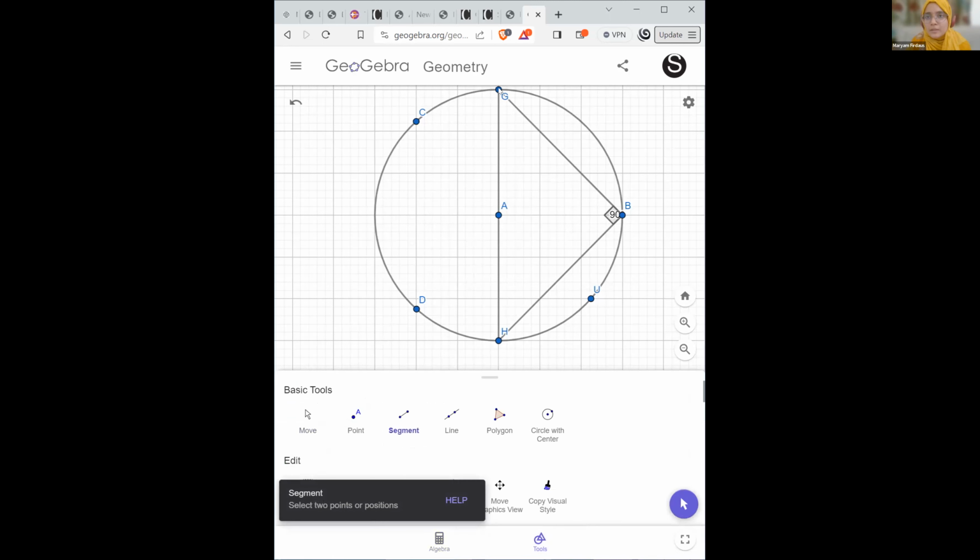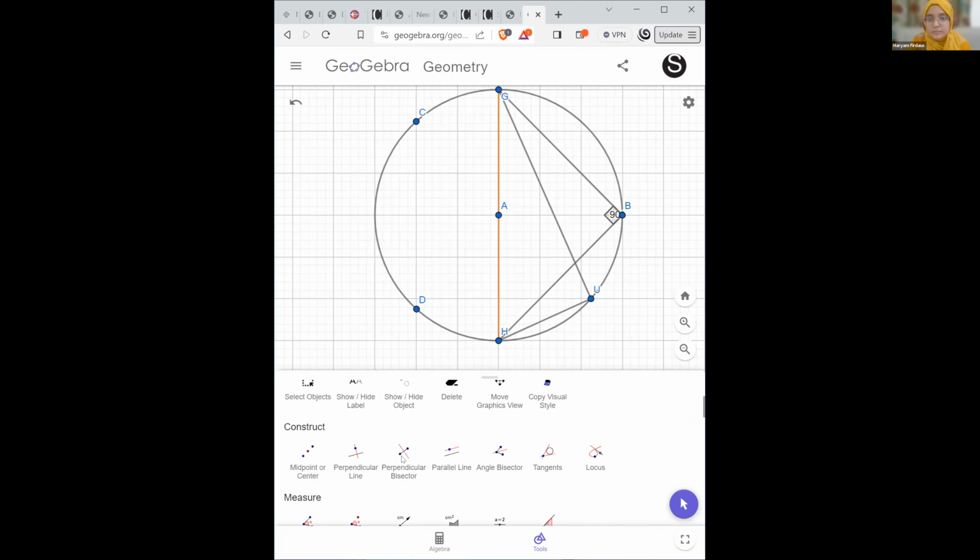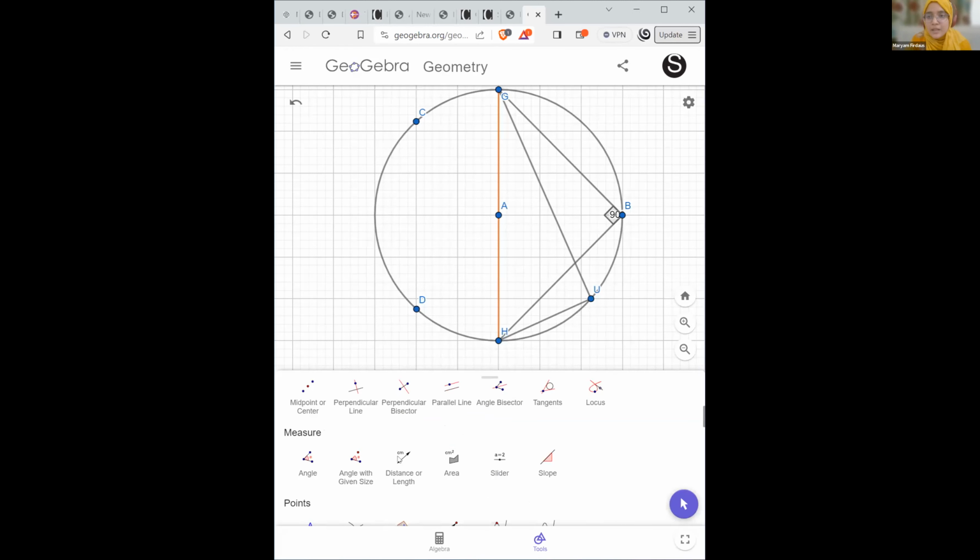Now look at this. I am going to make that diameter, and let me change the color of this diameter. I'm going to make this diameter subtend an angle on the point U. Do you think it will be 90, or what do you think it will be? Will it still be 90?